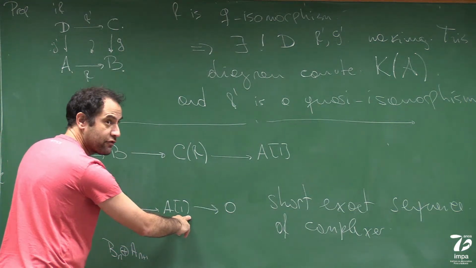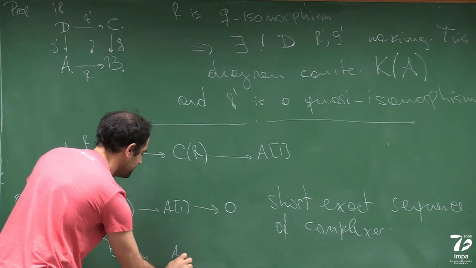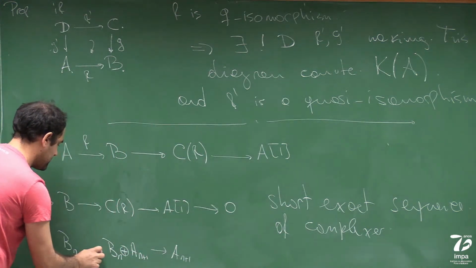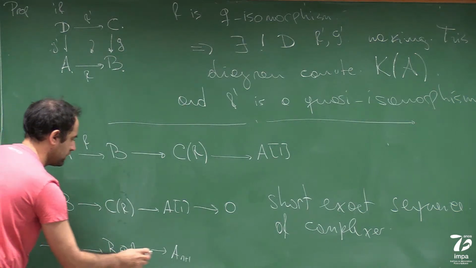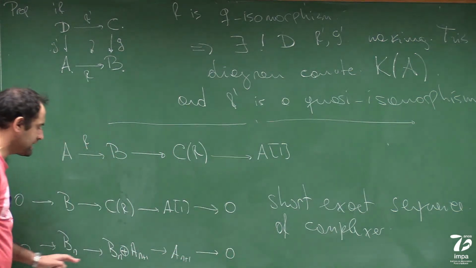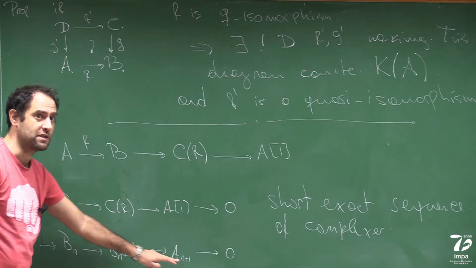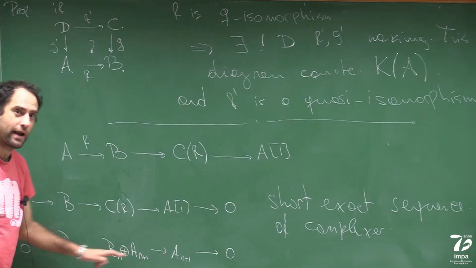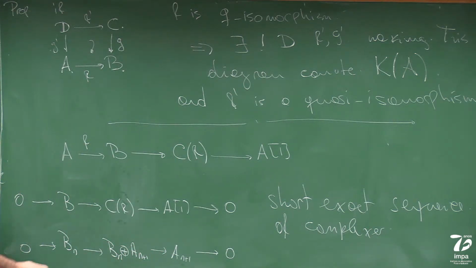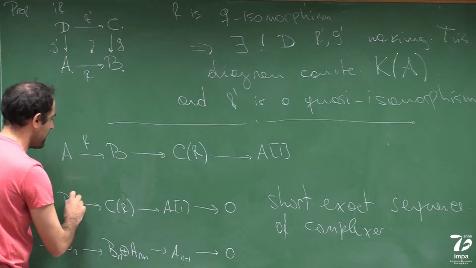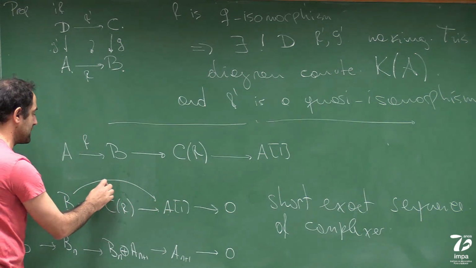And this guy in degree n is A_{n+1}. And this sequence is really just the inclusion of B_n in the first summand here, and here is the projection into the second summand, and this is clearly an exact sequence. In particular, the composition of this map to here is the map 0 of complexes.